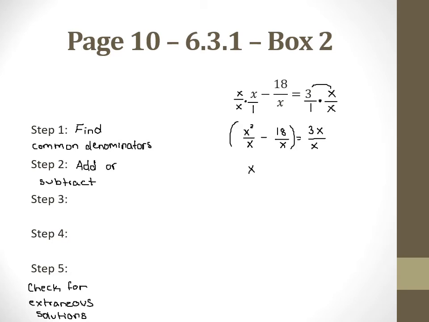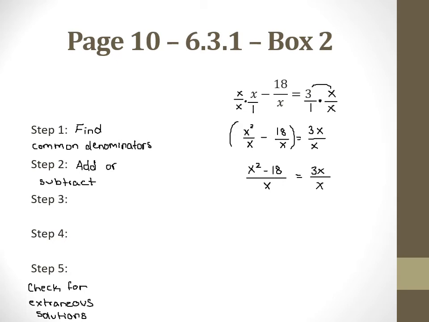Now those are not like terms, so we're just going to write it as one big fraction, x squared minus 18 over that common denominator of x, and that's going to be equal to 3x divided by x. So the goal thus far is to combine everything into just one term on each side of the equation. So instead of having multiple fractions all over the place, instead of having this x minus 18 over x nonsense, now we have just one term on each side.